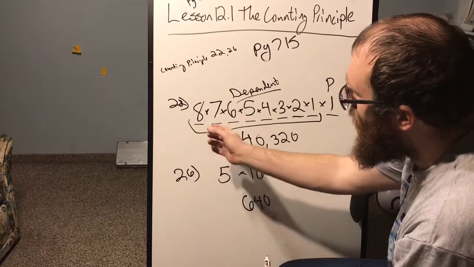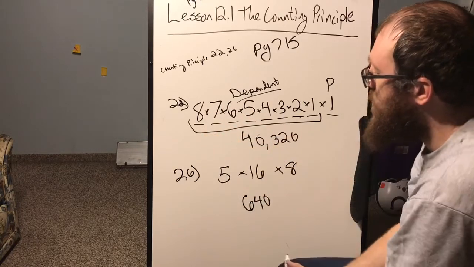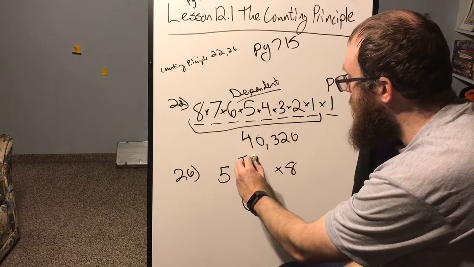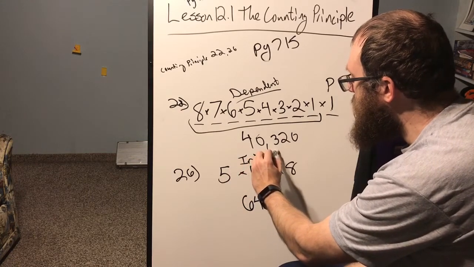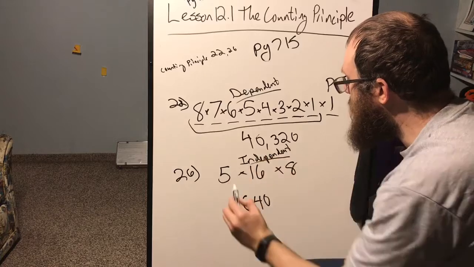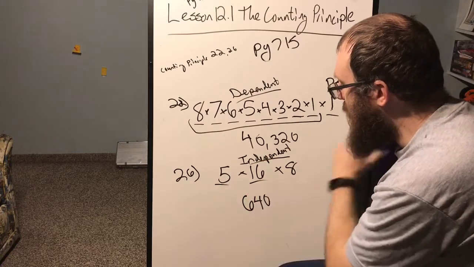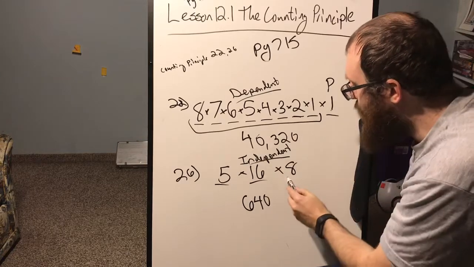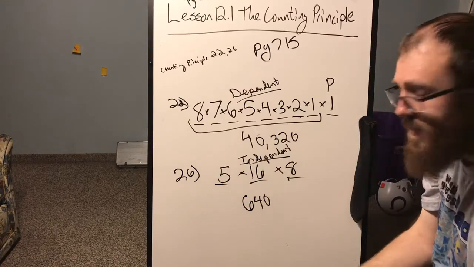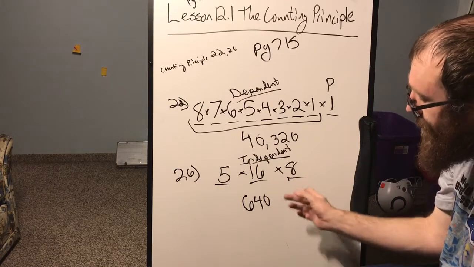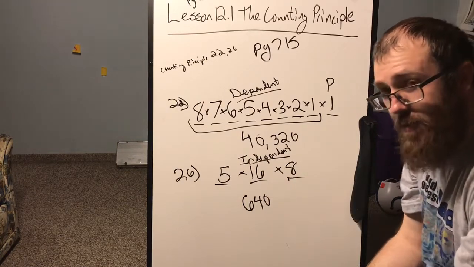Once I placed one player, I had fewer players to choose from. Whereas this situation down here is an independent situation because the make of my truck does not affect the color of my truck or the color of the interior. Now, most of you would say the color of the exterior of your truck definitely affects the color of your interior, and I would agree with that.